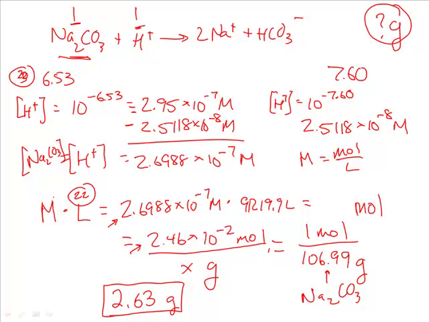Yeah, so it should be 105.99. That's what happens when you don't do the actual molar mass. Look at that, it's 105.99, which will change the answer. 105.99 times 2.46 EE negative 2. And yep, this would be 2.607354. So if you get the right molar mass, you're set on number 24.